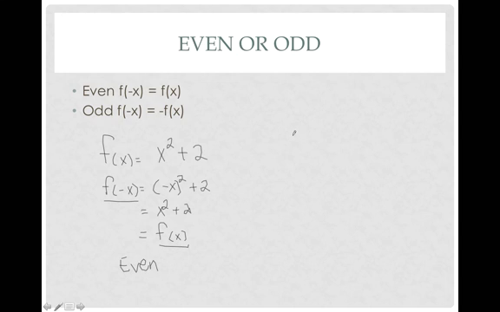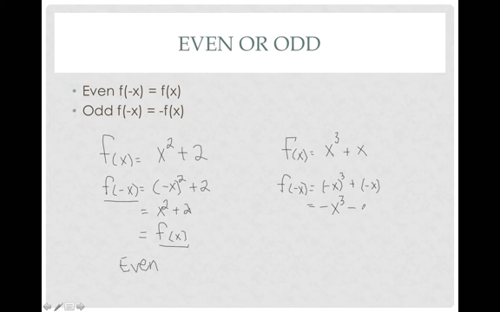And likewise, I could say something like this. If I told you f of x was in fact the function x cubed plus x, and I plugged in the negative x, and I got something like this. I would say, okay, negative x cubed plus negative x is equal to, okay, if I cube a negative number, I get a negative still.